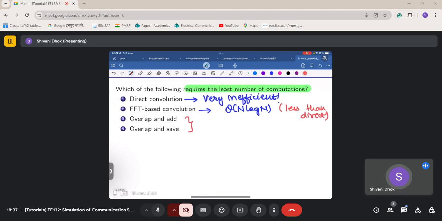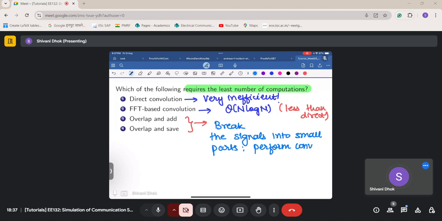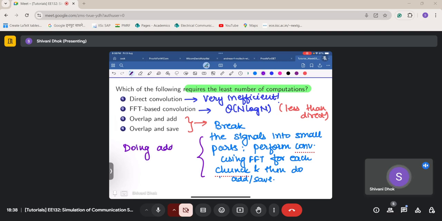Then we have the overlap and add and overlap and save methods. What these two do is break the signals into small parts, perform convolution using FFT for each chunk, and then do the add or save operation, which means that these are doing additional operations than simple FFT based convolution.